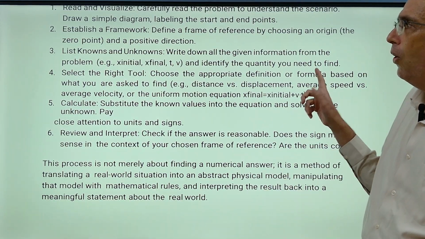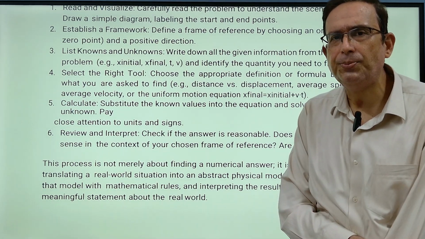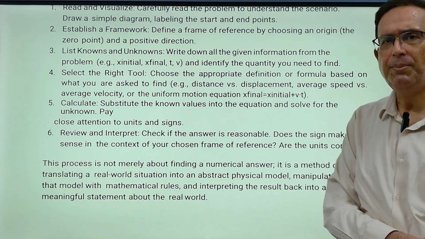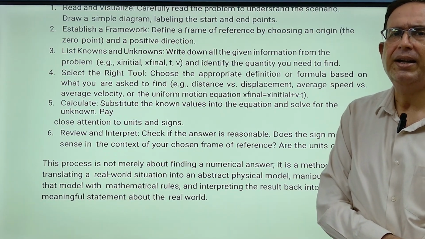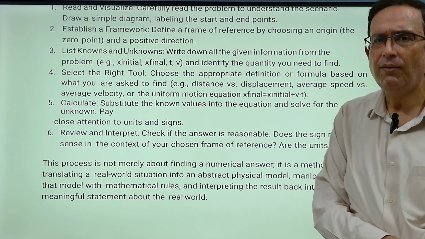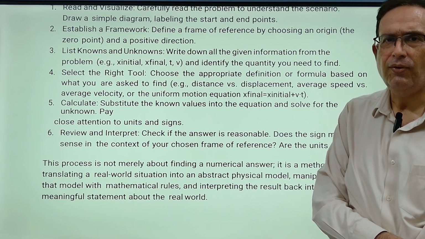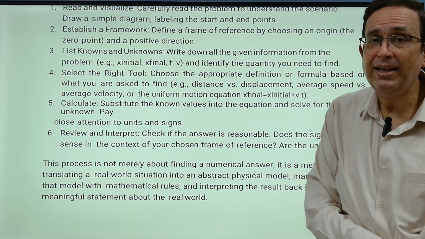Then you should know the units. Every equation should be expressed in the same units. The right hand side of the equation should be expressed in the same units as the left hand side of the equation. So if two quantities are given in different units, then you have to convert the units first before plugging them into the equation and solving to get the final answer. Okay, then signs have to be considered.